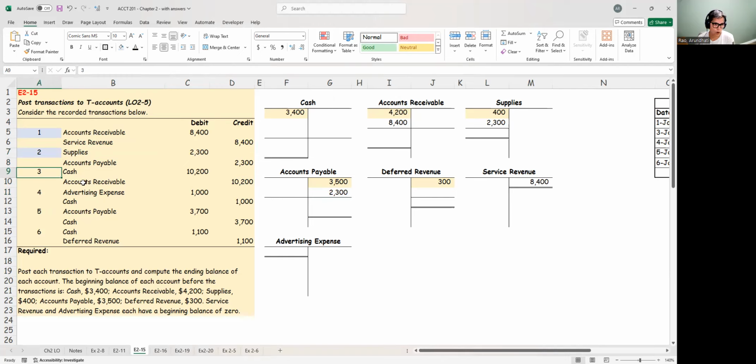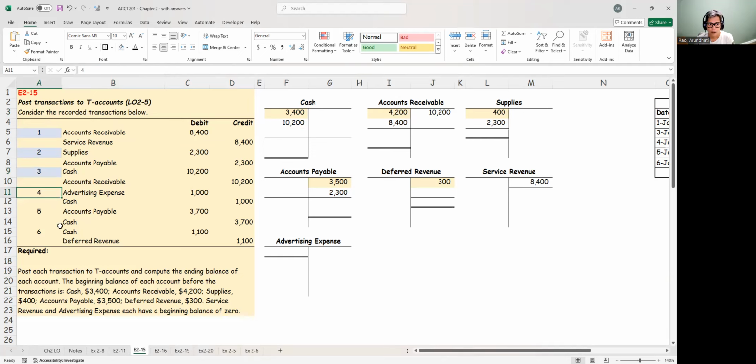So a customer who owed me money has paid me that money. Cash debit, 10,200, I posted on the debit side. Accounts receivable credit, I'm decreasing accounts receivable. On the credit side, I put 10,200. Again, the word posting simply means I'm taking the number from one book to another book, from the journal into the ledger. So I'm done with transaction number 3.